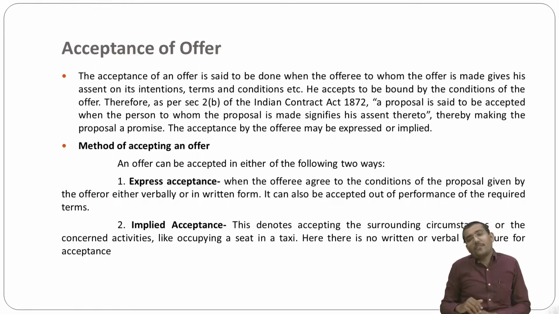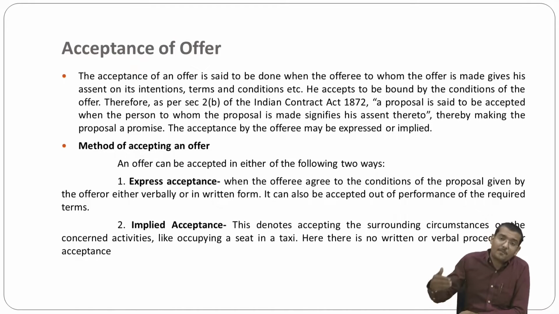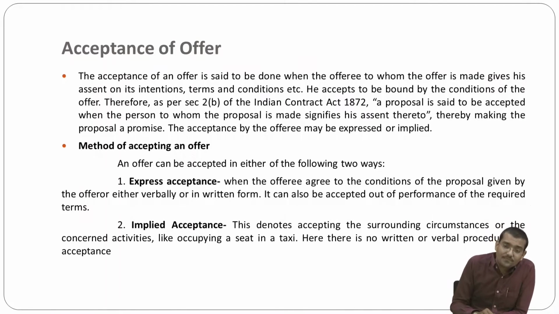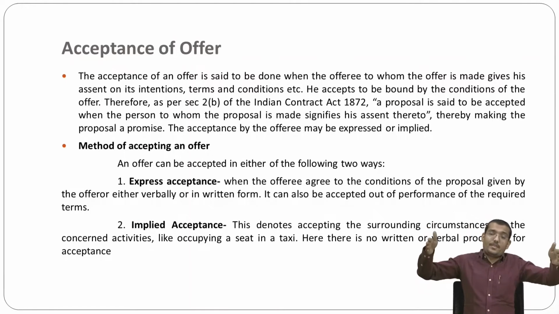So here, my friends, we defined what offers are, the methods of giving the offer, then acceptance of offer, and various methods for acceptance also. After making that offer and acceptance, it becomes an agreement.